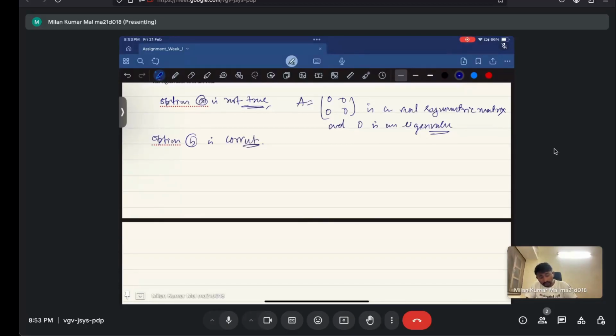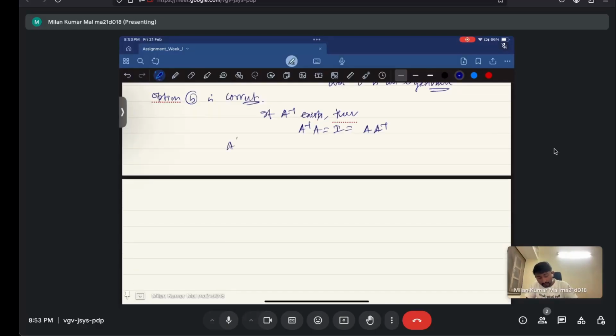Why is option B correct? If A inverse exists, then A inverse A is equal to the identity, which is equal to A A inverse. Take transpose on both sides. Then A transpose times A inverse transpose is equal to the identity, which is equal to A inverse transpose times A transpose.